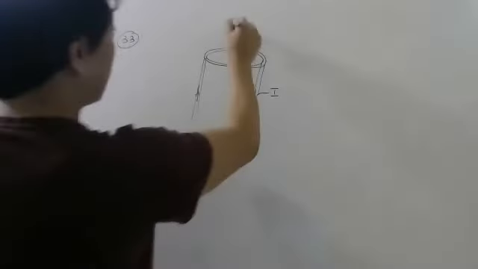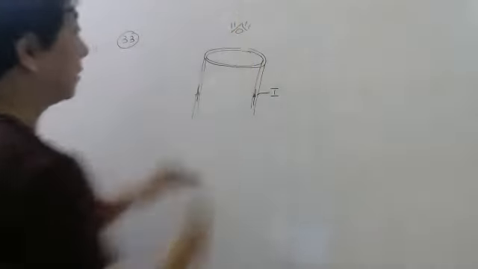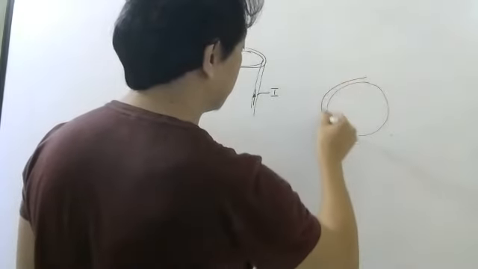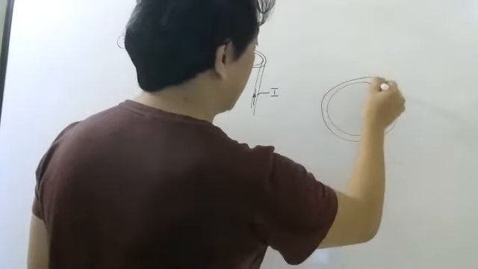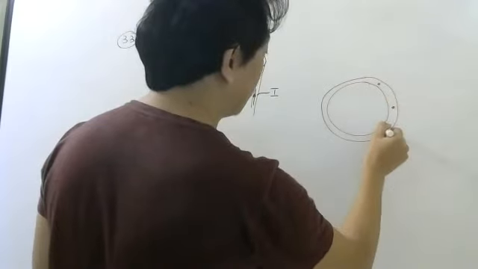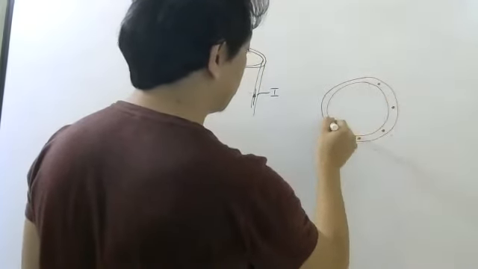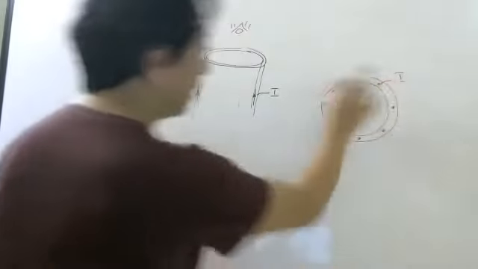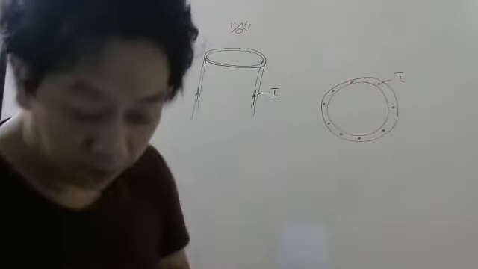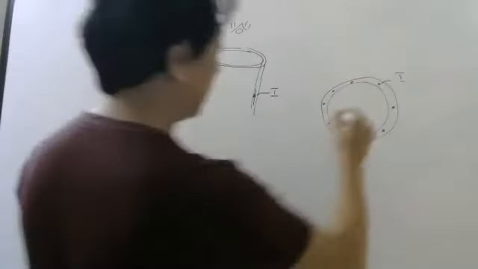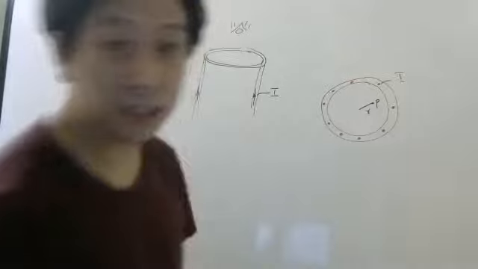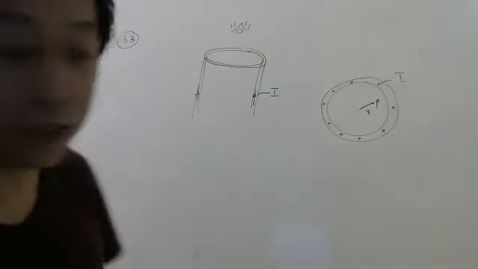So if you see from here, you will see it like this, right? And the current will be coming out. This is your current, everywhere it will be there. Now, if I want the field somewhere inside at a distance r, what is the technique according to Ampere's circuital law?